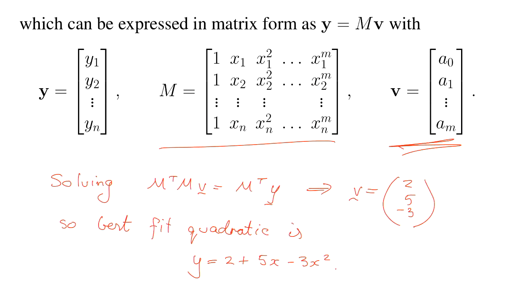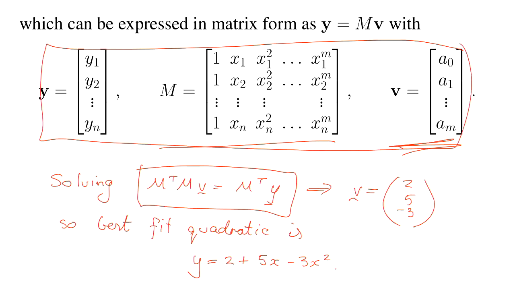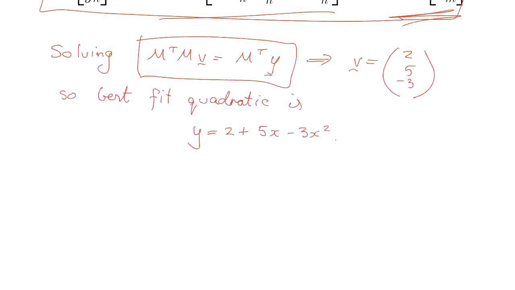Sorry, where'd you get the v from? The 2, 5, negative 3? That's from the last example. So this is just solving this. You stick all of that in, that's your m, so you can get m transpose m, and I'm solving this new system for v. It's not from the previous example. It's this data.